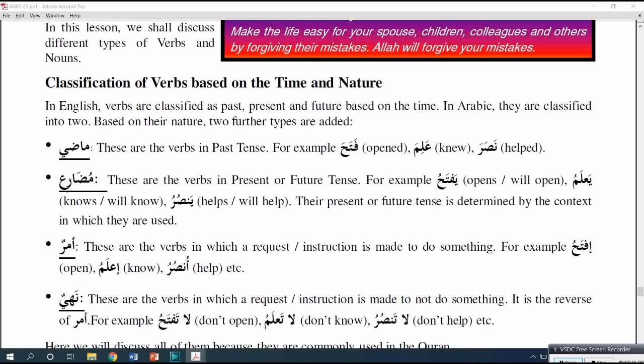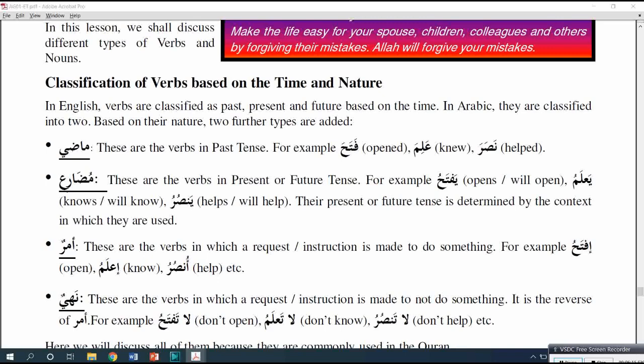Nahy is negative, not to do something. I use the same words, but in Arabic, la is added: la taftahu, please don't open it. La ta'lamu, please don't know it.